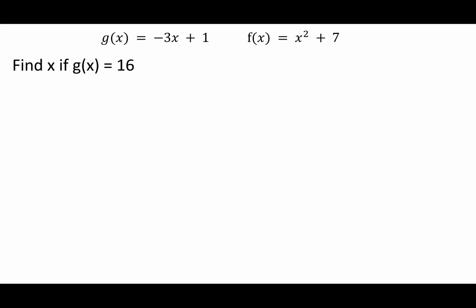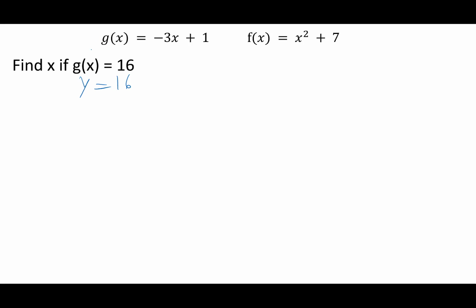All right, so on this one it says find x if g of x is equal to 16. Now, remember when I said g of x, f of x, what letter did that take the place of? So this is the same thing as saying y is equal to 16.